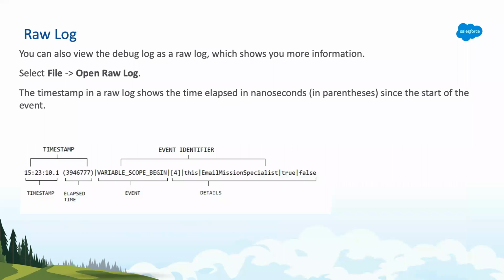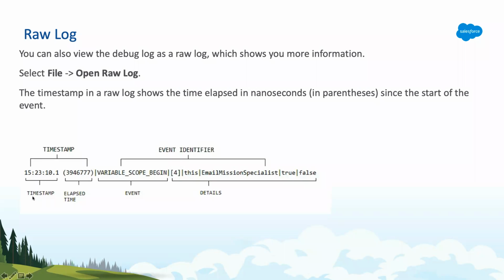We can even open up the raw log, where we have more information. We can go to the file menu and open the raw log. So open raw logs will show something like this. There will be some main parts: timestamp, event identifier.